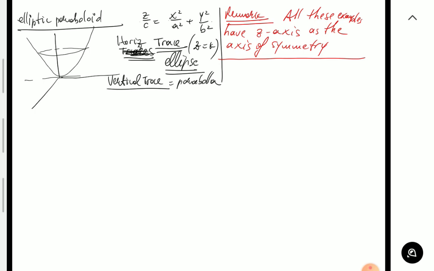Let's put a quick example here to make it clear what we're talking about. So let's say you have a paraboloid of equation z equals x squared plus y squared over 4. Now, what is the vertical trace? That is to say, what is the intersection of this paraboloid with the vertical plane x equals 1, right? So taken together as a system, that gives you z equals 1 plus y squared over 4. So obviously this is a parabola in z and y, translated a little bit, right? I mean, it doesn't go through the origin, right?